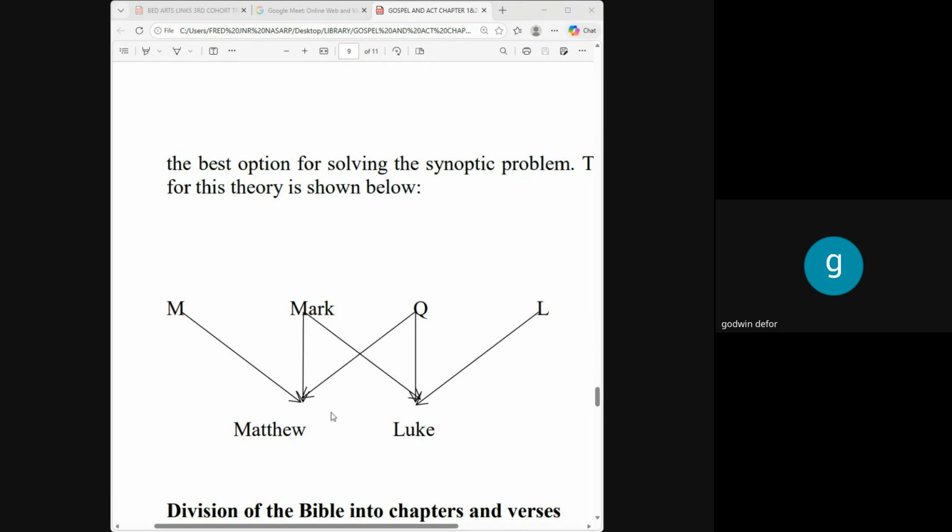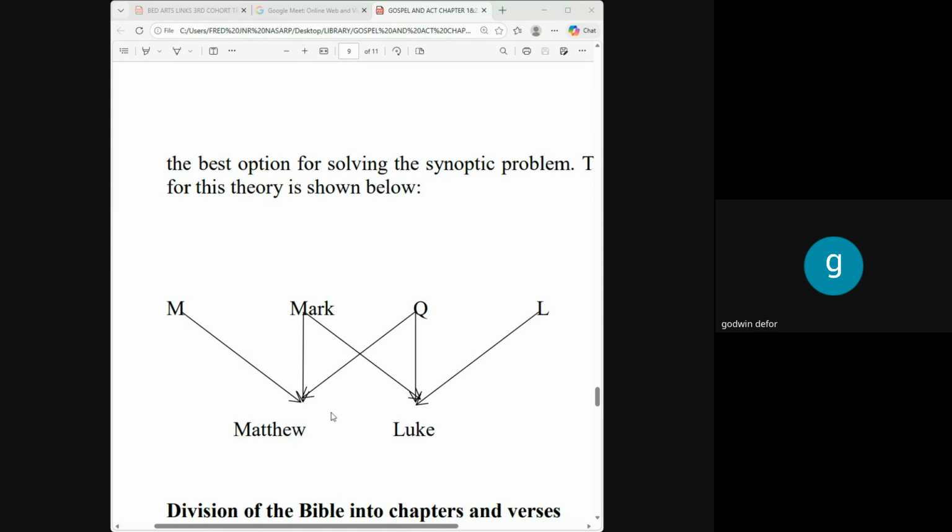But if somebody is saying that all the authors did not witness all that Jesus did, so we can't believe what they've written. Well, that idea, that view, we should look at it again.